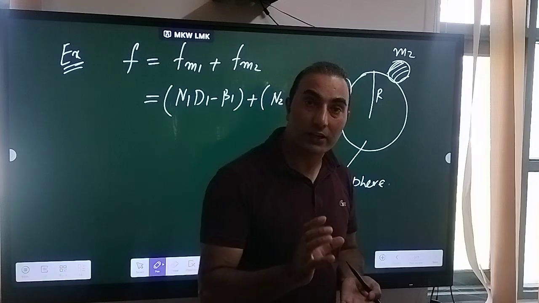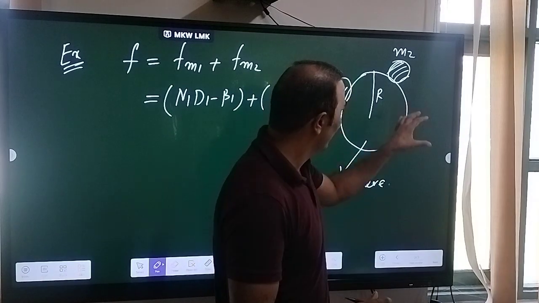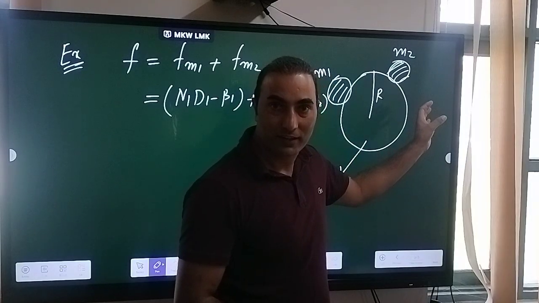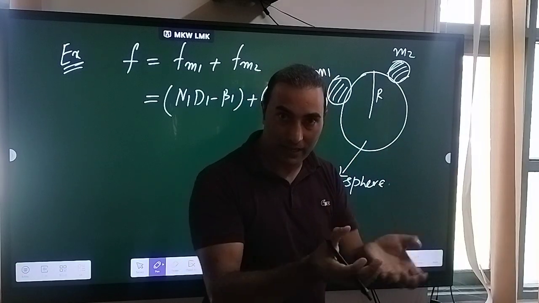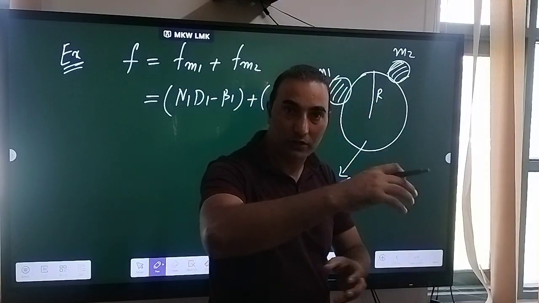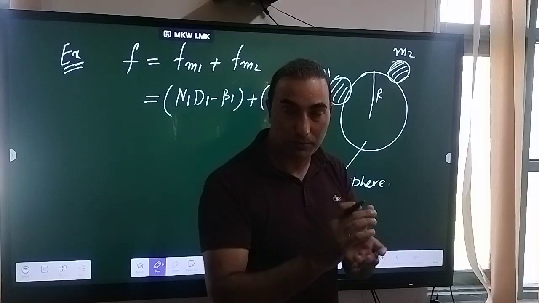The constraint is very clear here, because although a sphere means it's in 3 dimensions, the mass may move along x, y, z, with all 3 possible motions.